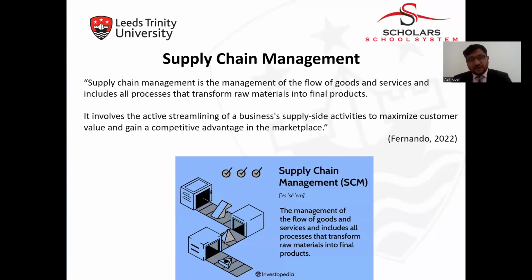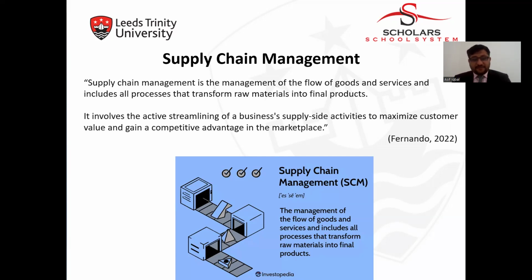All these things involved from the raw material to the final goods, the flow of these things and these processes, is called supply chain management. That is how you can manage all these processes to transform the raw material into the final goods.